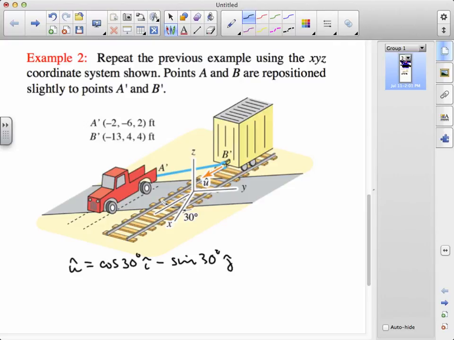The position vector from B prime to A prime is defined as r B prime A prime is r A prime minus r B prime is 11i minus 10j minus 2k feet.